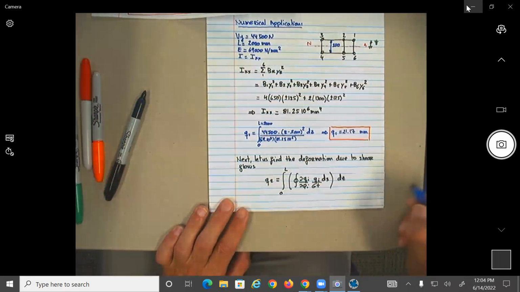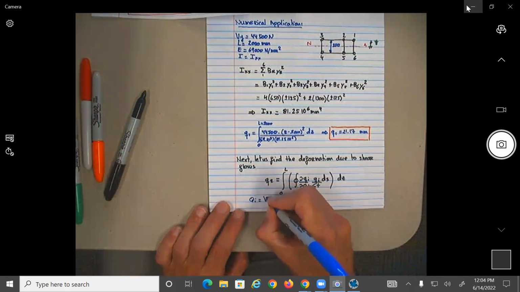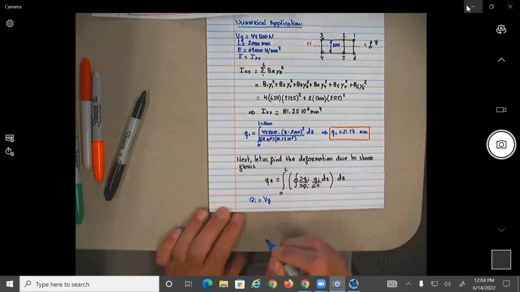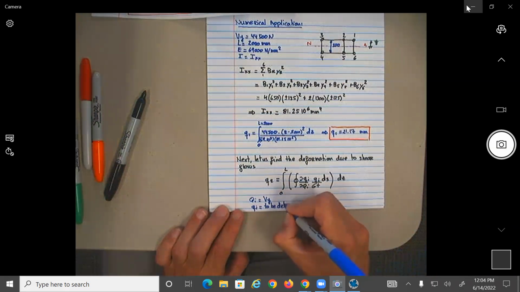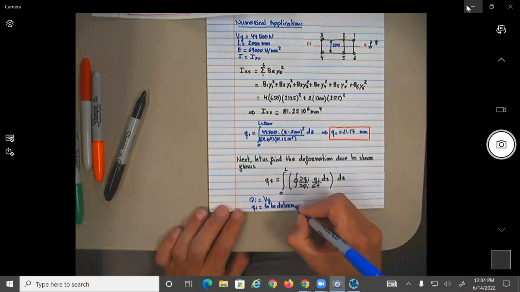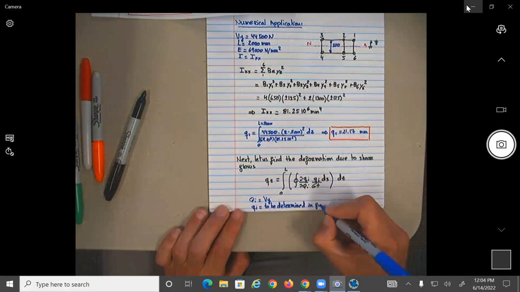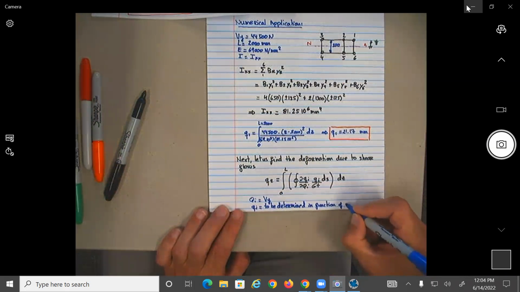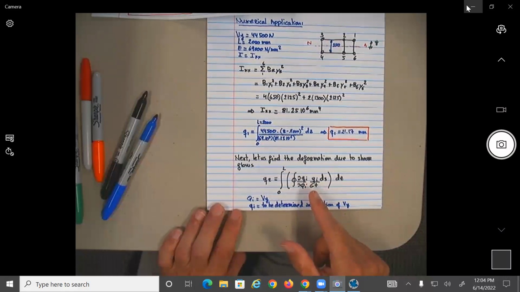Okay, so again over here, Q sub I equals Vy, Q sub I to be determined in function of Vy. Because remember, when we take the partial derivative, we need to have this in function of Vy.